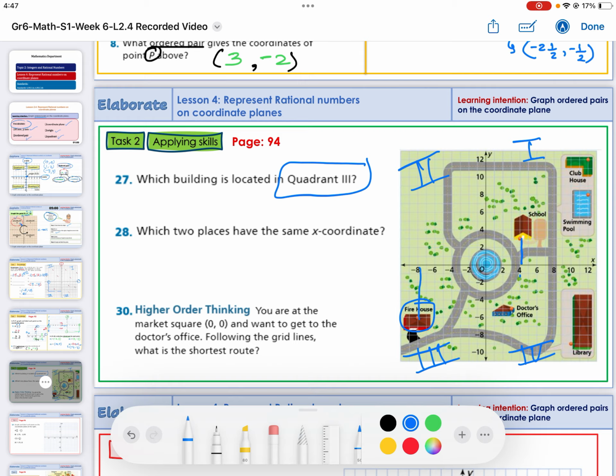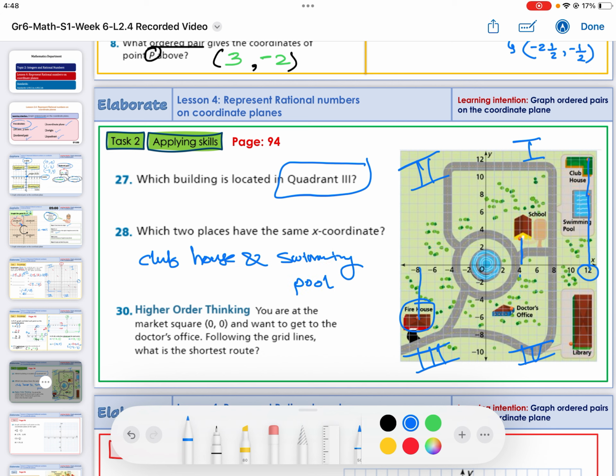That will be 4. Let's move on to the swimming pool. What's the x for the swimming pool? That will be 12. What's the x for the clubhouse? Oh, that will be 12 too. So which two buildings have the same x coordinate? That will be the clubhouse and the swimming pool.